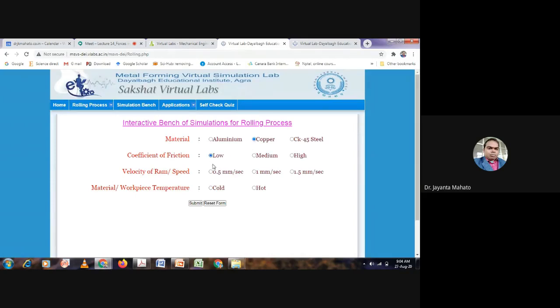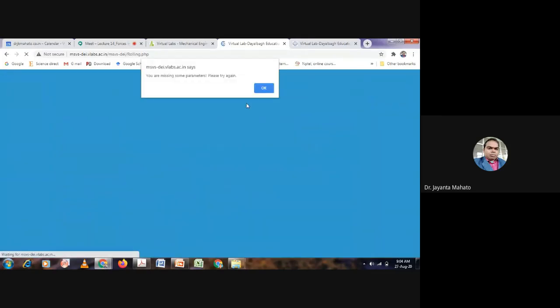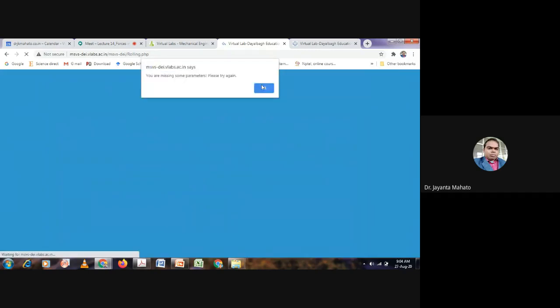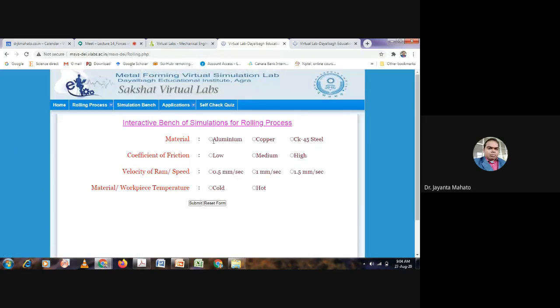Suppose in copper, low coefficient of friction, hot rolling condition. Okay, leave it, I have to check it.